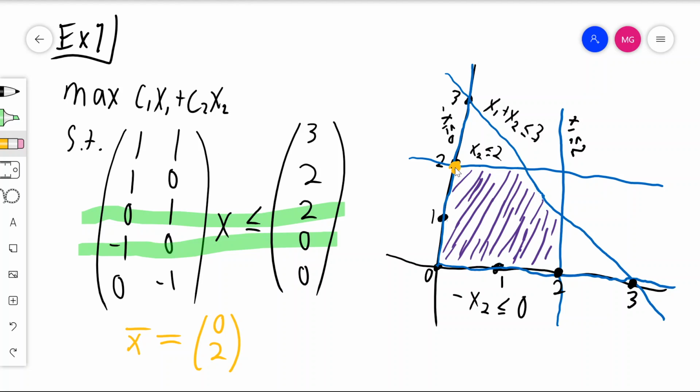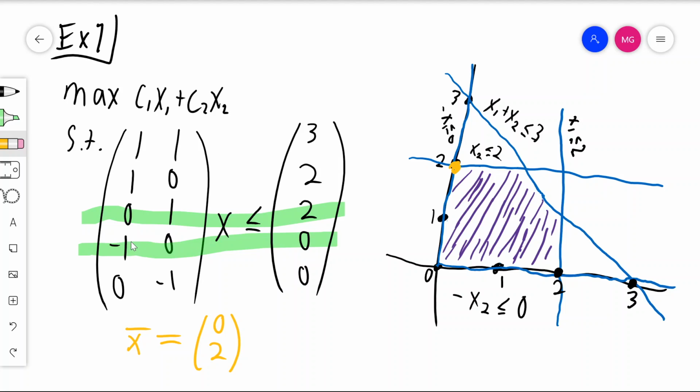If instead I picked the point (0, 1), which would have been right here, it would not have lain on that upper hyperplane, and would have only lain on the left one, so there would have been only one tight constraint. But since we picked this corner, there are two hyperplanes that we're lying on, and so there are two tight constraints. You can see algebraically as well that when you plug (0, 2) into these constraints, they hold with exact equality. 0 times 0 plus 1 times 2 is 2, which is exactly equal to the right-hand side.